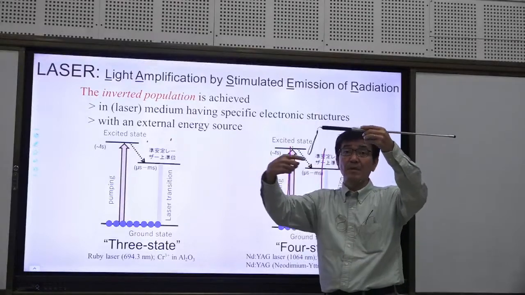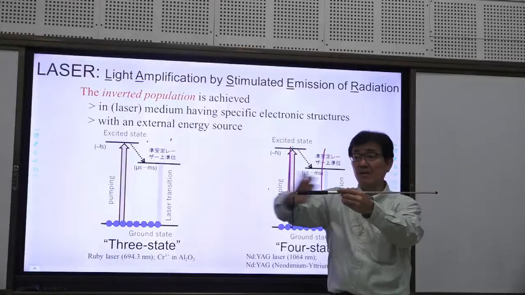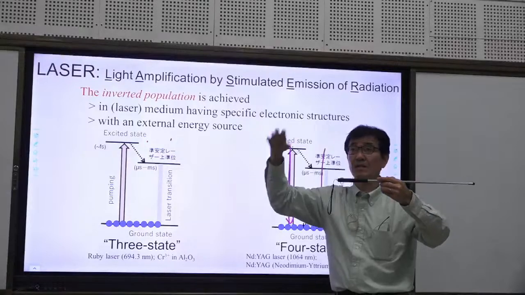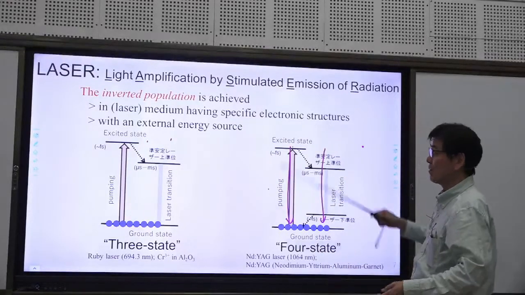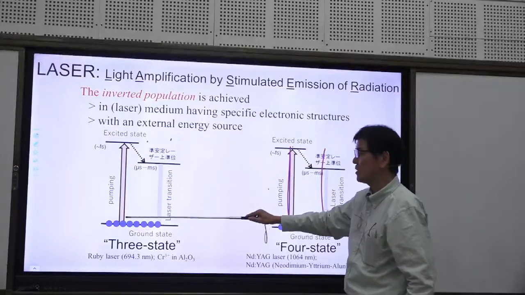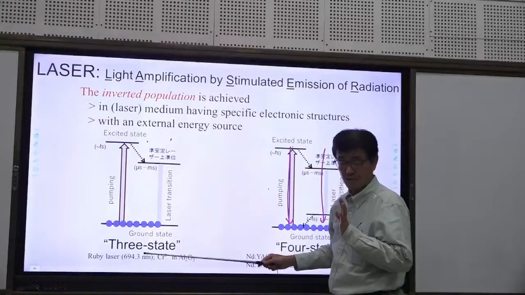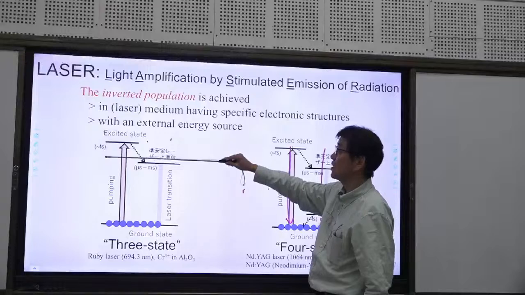Then this light becomes intensified. By going back and forth, the laser intensity becomes much larger. But the population ratio always obeys the Boltzmann distribution, so it looks difficult to achieve inverted population.